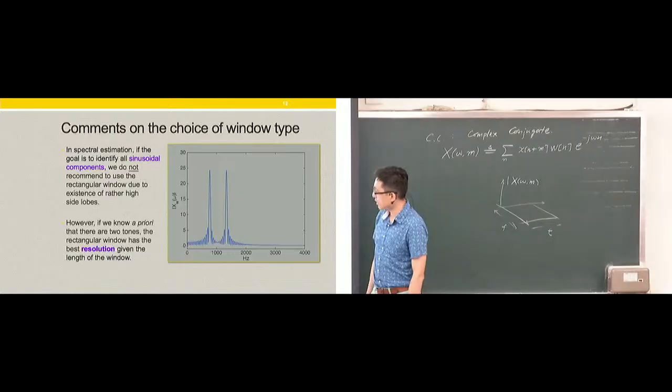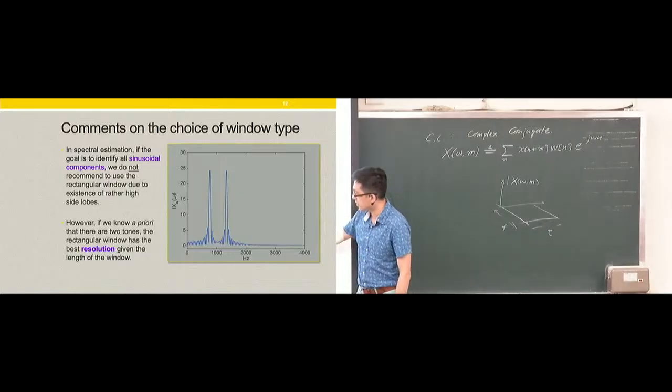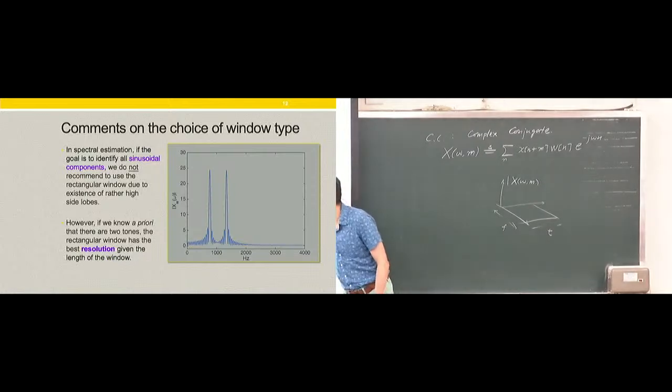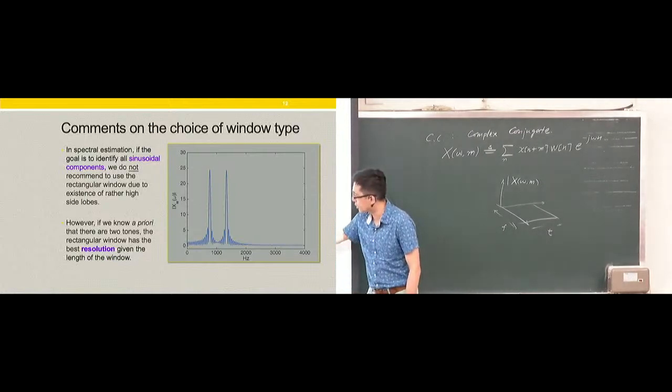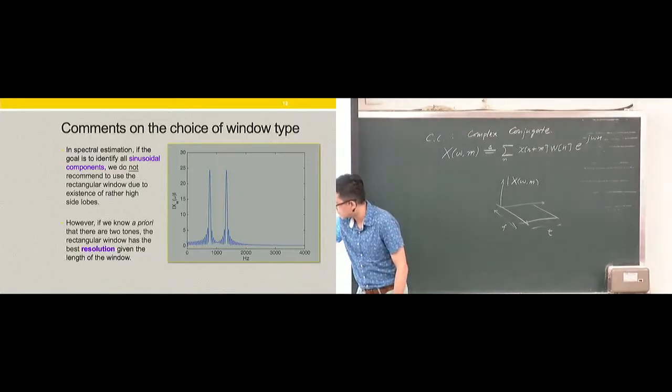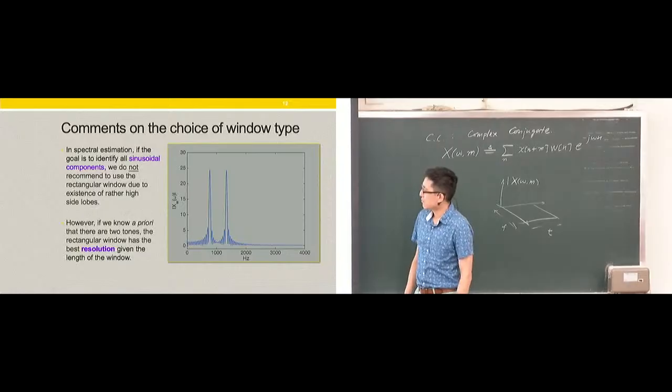You can hardly be sure that there isn't a tone at this magnitude whose frequency is close to 770 but higher. Let's say 790. I don't know. So you cannot be sure.